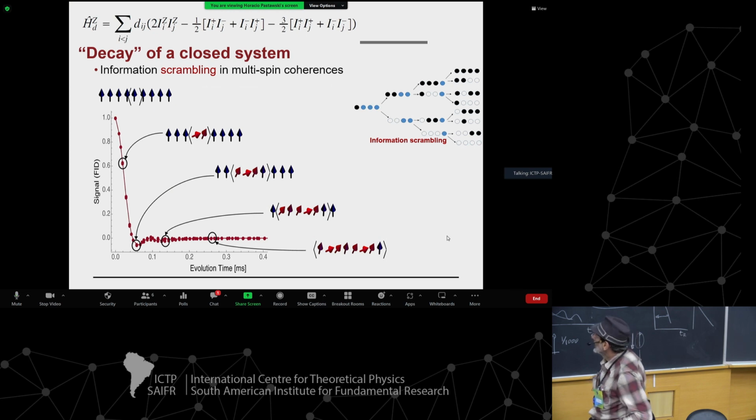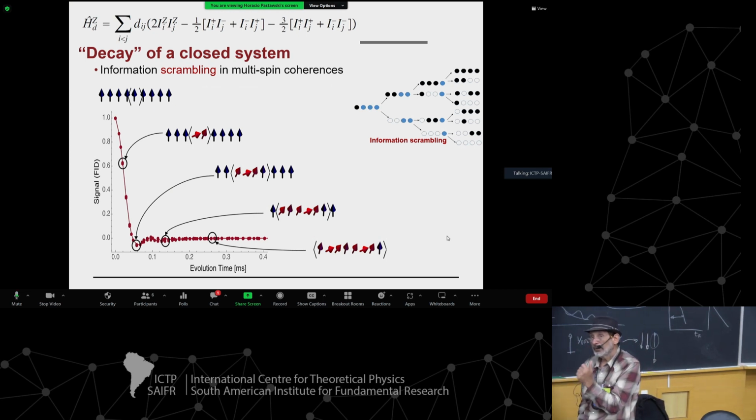You're looking, so spin projection is not conserved in this system. So you can measure something which is negative. That means that the local signal that you observe is inverted.